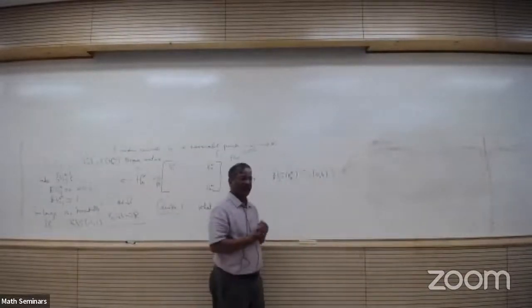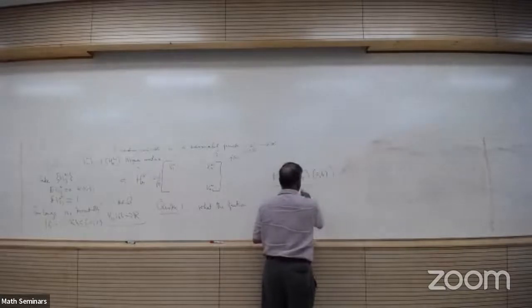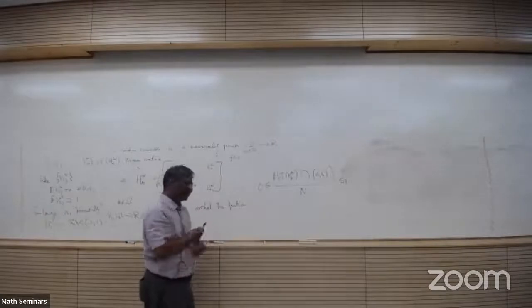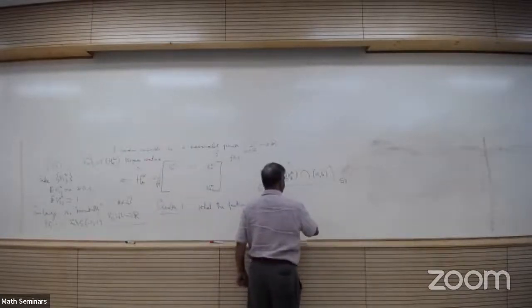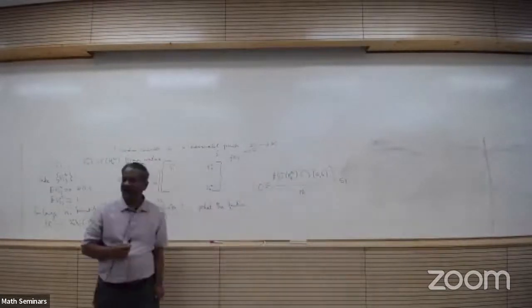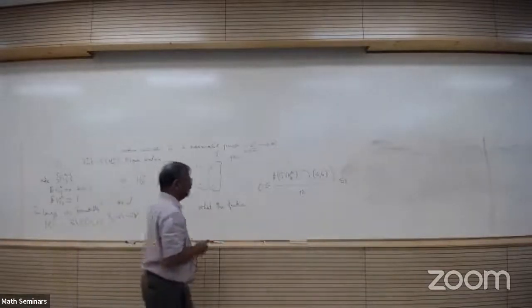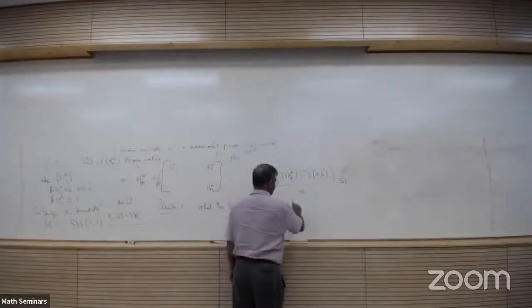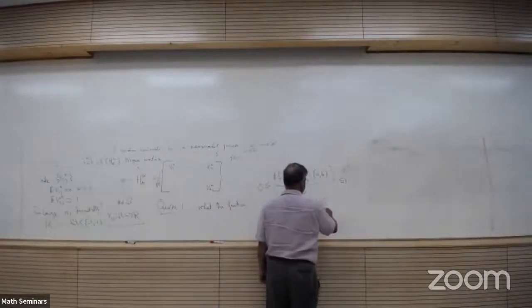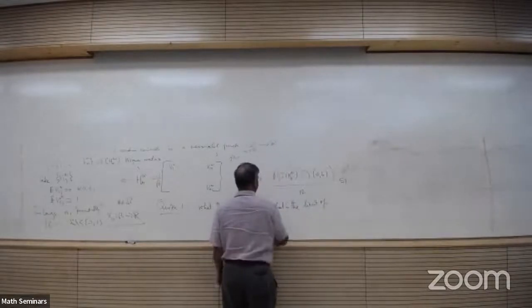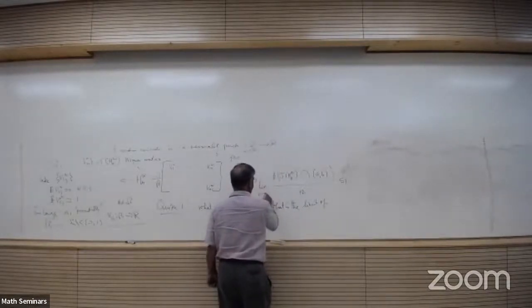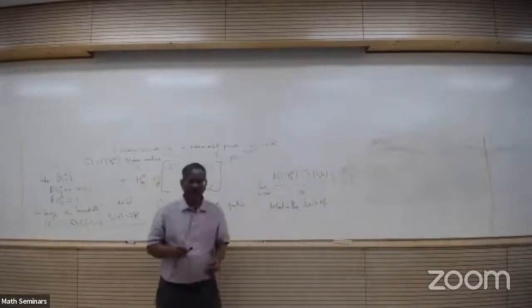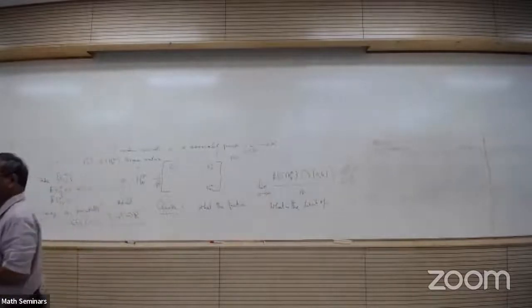This is some number smaller than or equal to n, and then if we divide it by n, it is a number between 0 and 1, for every n. So the question is, what is the limit of this as n goes to infinity? That is the first question. How does it behave?